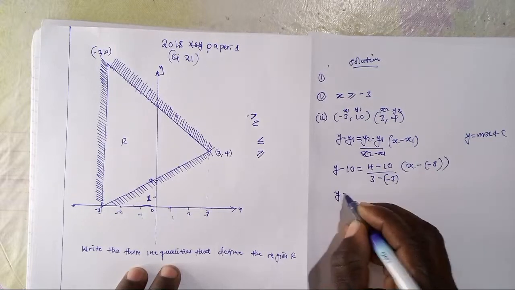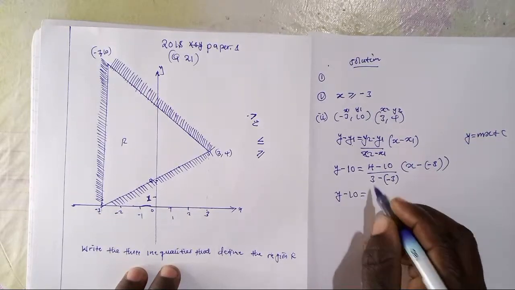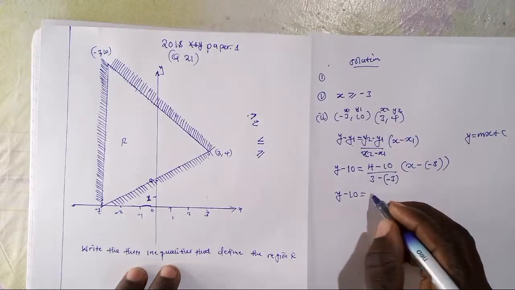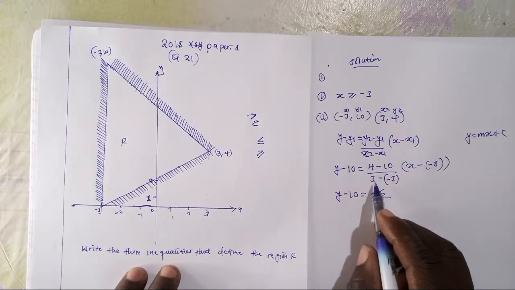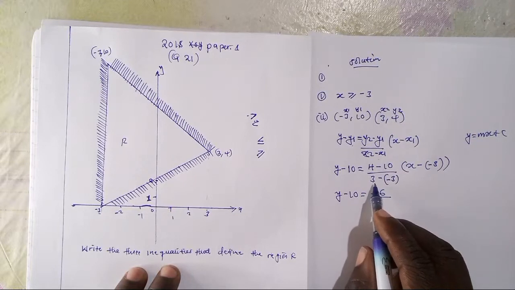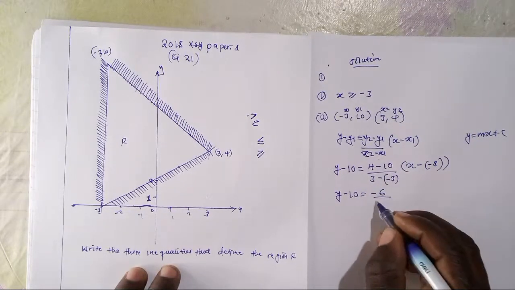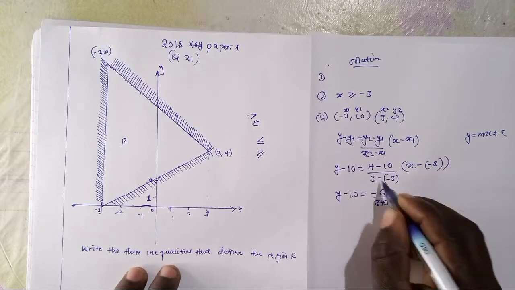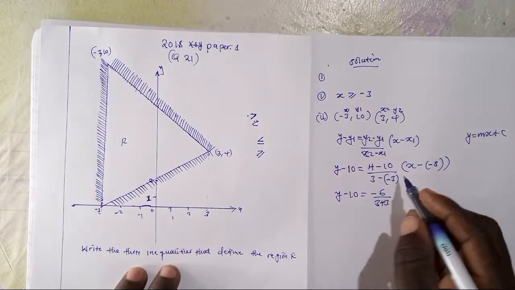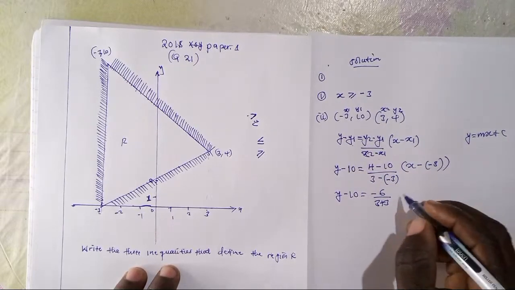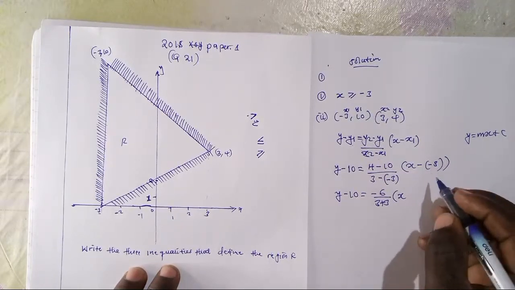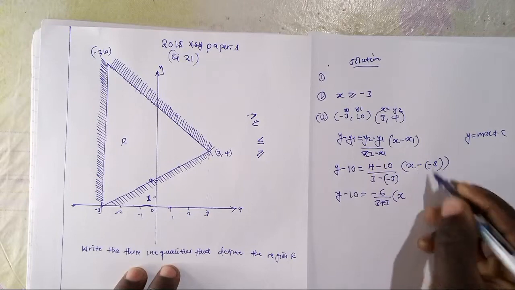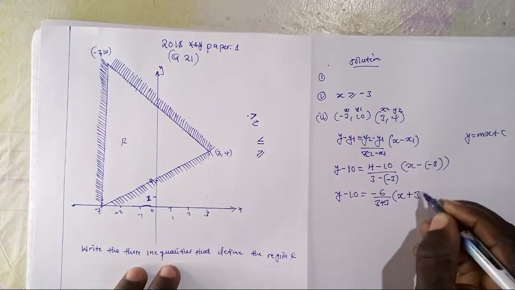Then y minus 10 is equal to 4 minus 10, which is minus 6, over 3 plus 3, because negative times negative is positive, right? Then open bracket x, even here negative and negative will be positive 3, right?